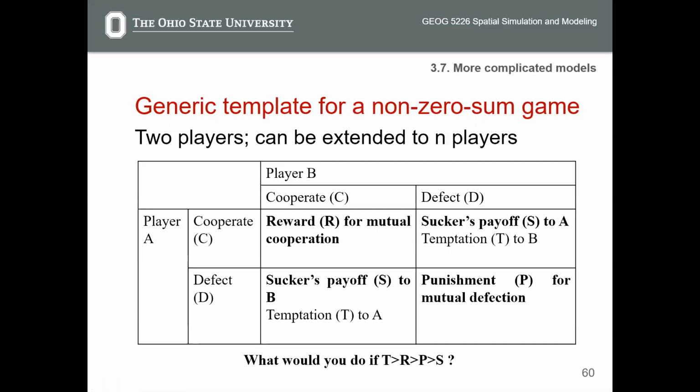The other player will probably think of the same thing as you think, which means player A is also going to what? Defect. If you both defect, you will get P. P is much smaller than R. So that's a risk.